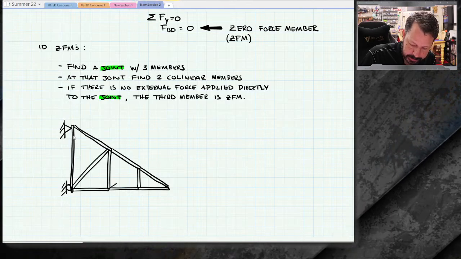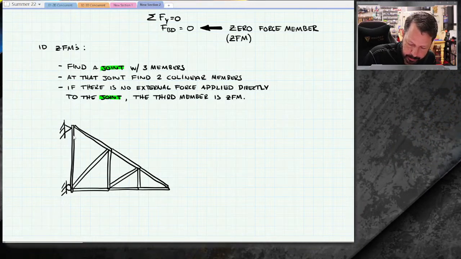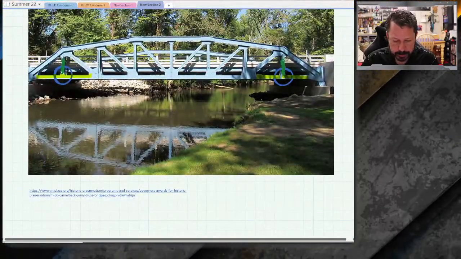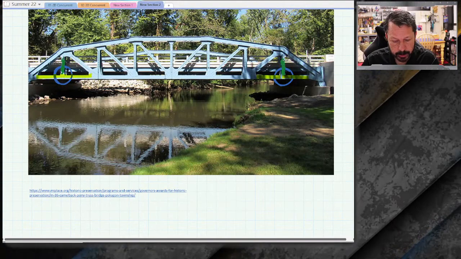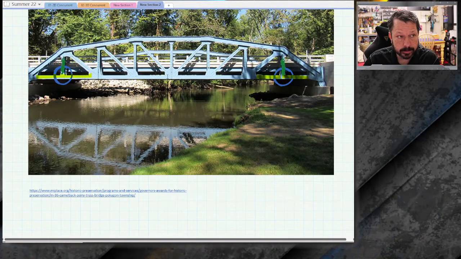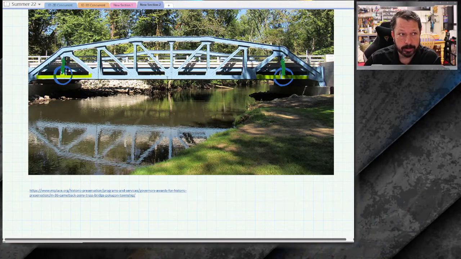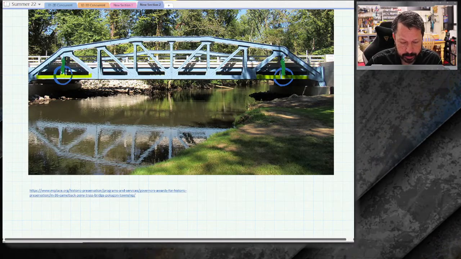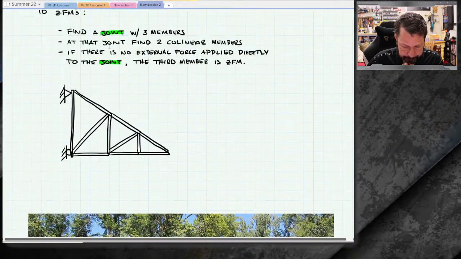One thing about trusses is that they're going to be made up of all triangles. So all the shapes inside here are going to be triangles. If you have a shape that's not a triangle, then it's not a stable truss. It might flop around. So they do need to be all triangulated to be a truss.